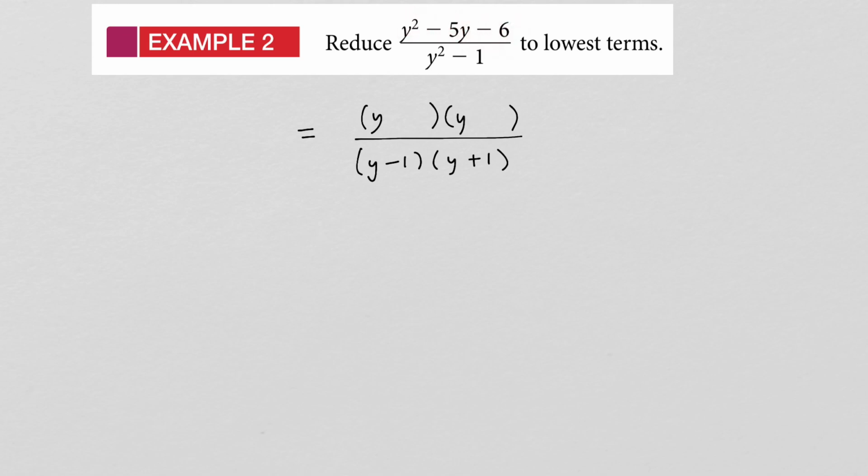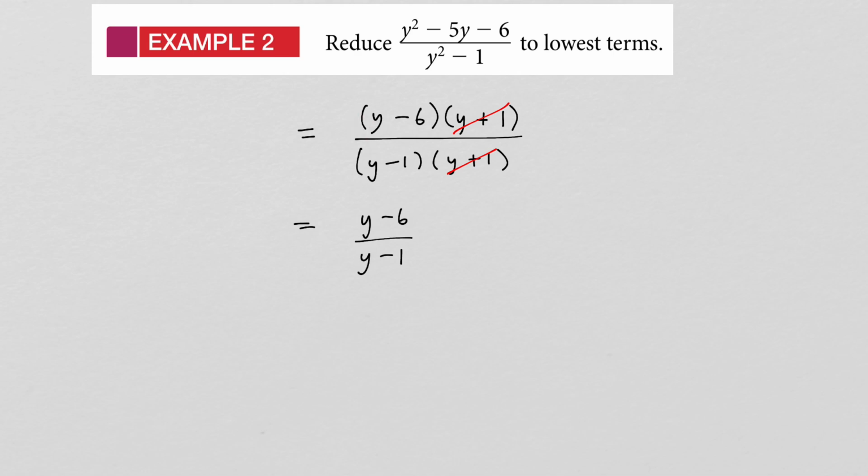And for 6 and 5, I'm going to use 6 times 1 to give us 6 because negative 6 and positive 1 make negative 5 in the middle. You can check that there. And then you can see very easily that those cancel. And so our final answer is y minus 6 divided by y minus 1.